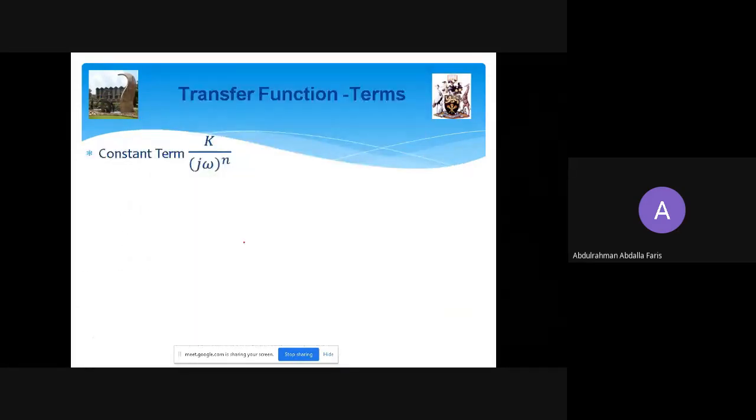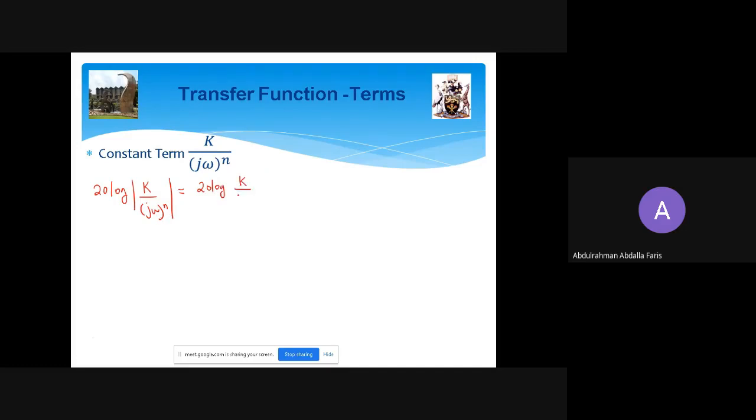So for a constant term or a pole or a 0, remember we get magnitude in decibel, which is 20 log of its magnitude, and this magnitude will have 20 log k.